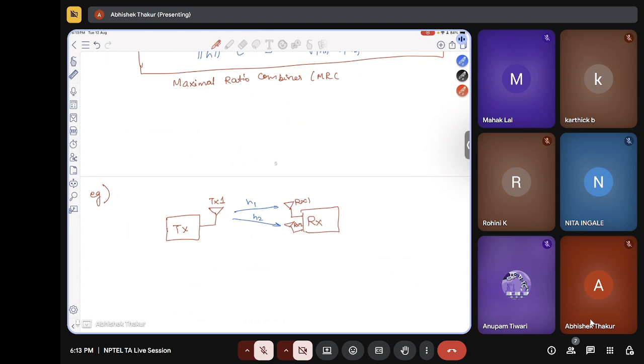In this question, H1 is given as 1 by root 2 plus 1 by root 2 j. H2 is given as 1 by root 2 minus 1 by root 2 j. And the noise powers sigma 1 squared, sigma 2 squared are given as half.